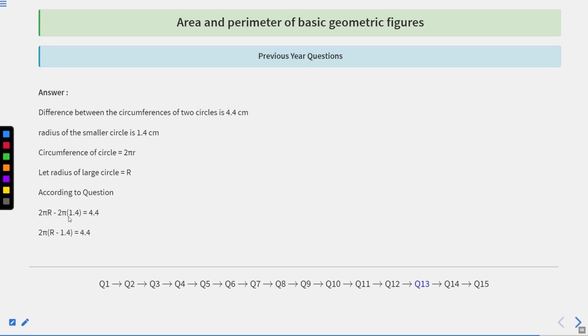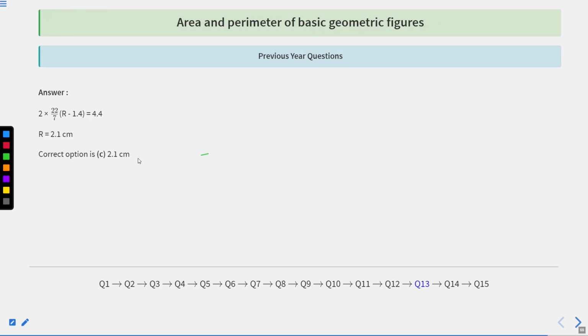Substituting, you will have 2 pi r minus 2 pi times 1.4 equal to 4.4. Taking 2 pi common, 2 pi times (r minus 1.4) equals 4.4. So 2 times 22 by 7 times (r minus 1.4) equals 4.4, and r equals 2.1 centimeter. So option C is correct here, that is 2.1 centimeters.